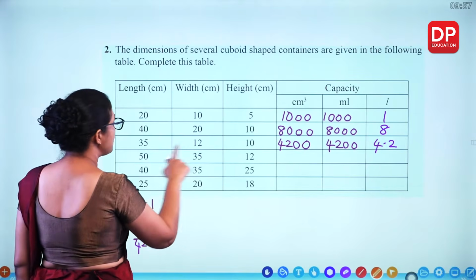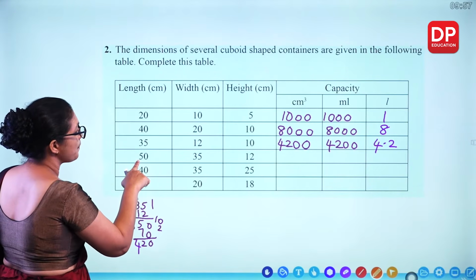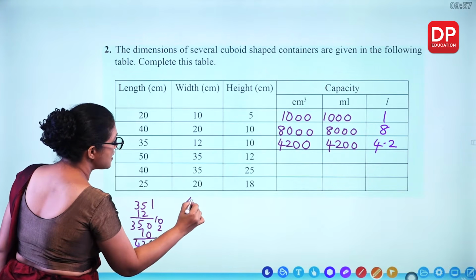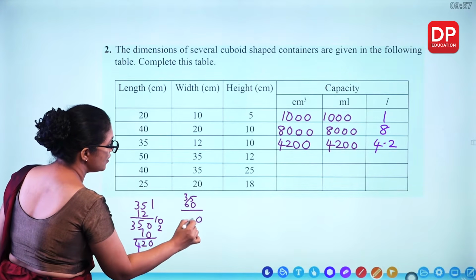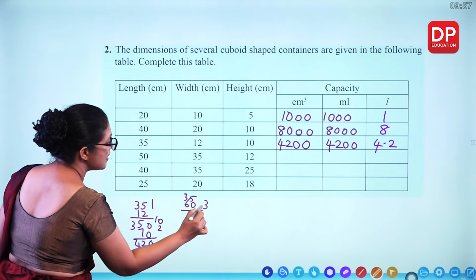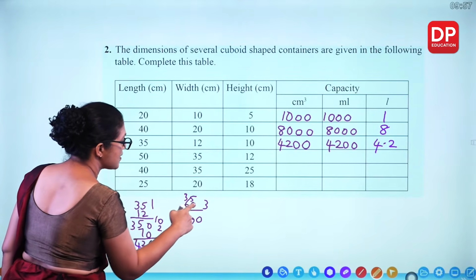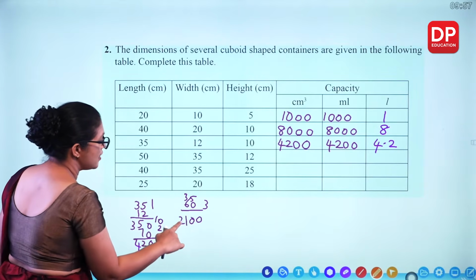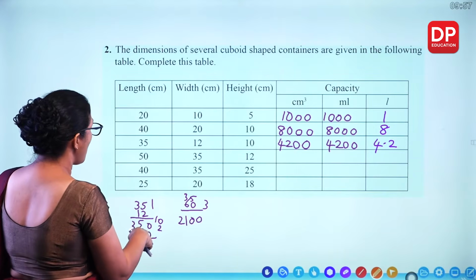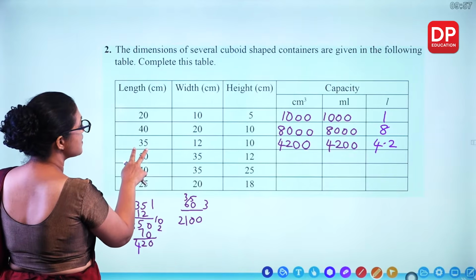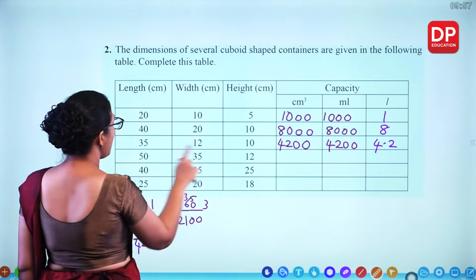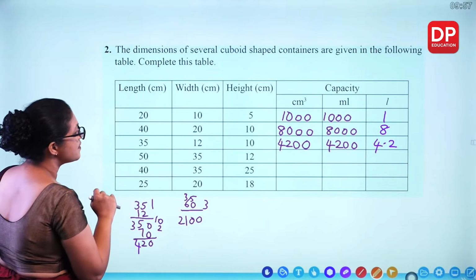12 times 5, 60. 60 times 35. That means multiply by 6 and put a 0. 30. 18 plus 3. 21. So that's 2100. 35 times 60. And you need to put another 0.